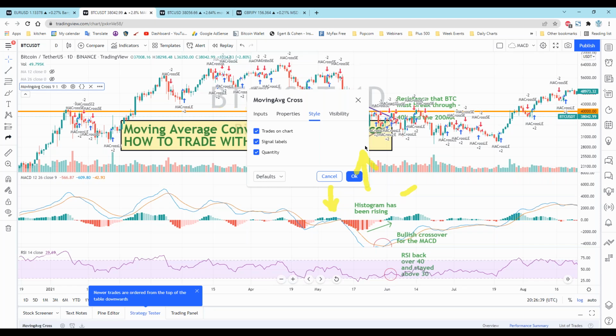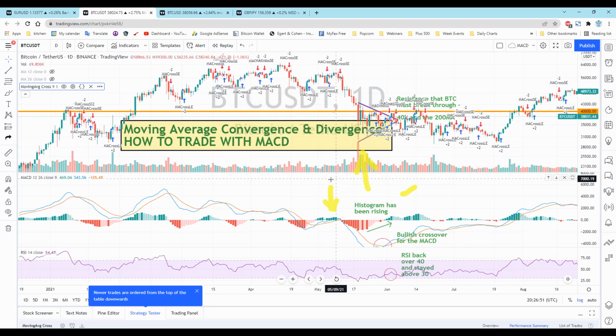And it's not only giving us the signal label, it's giving us a quality and a quantity of that signal, how good it was, how reliable it is. Okay. These are all different ways we can incorporate this into our trading strategy by combining this with a MACD histogram and RSI. We've actually built ourselves a very good trading system.